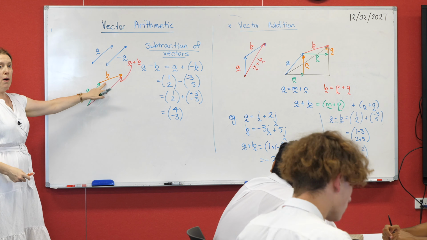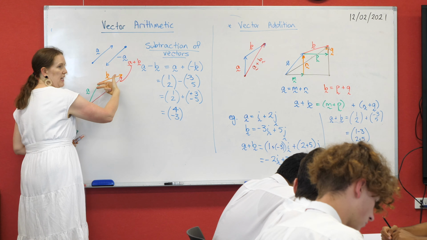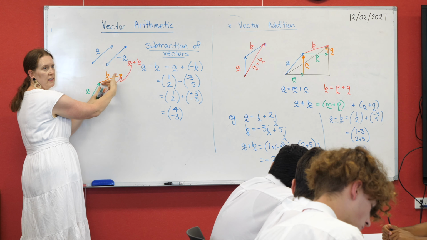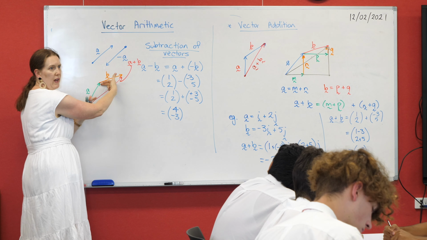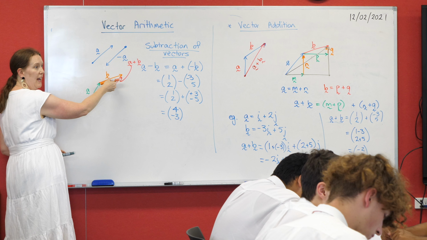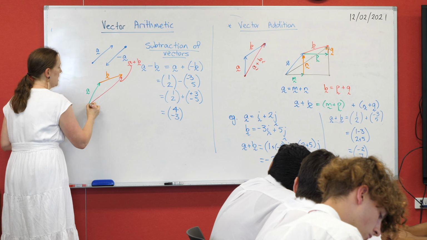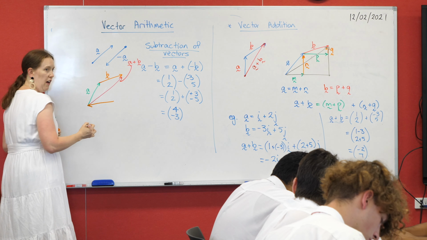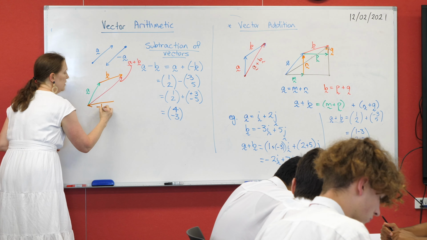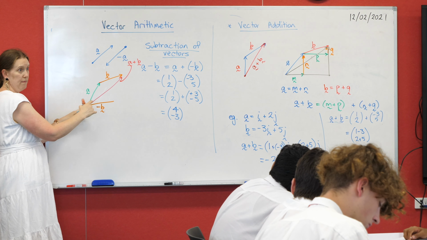When I did my minus B, I turned this around so its head was down here. But now I have a head to a head, and I can't add that way. What I have to do is slide it down to be on the tail. So I take my B and I turn it in the other direction and I slide it down to be head to tail. Are we okay?